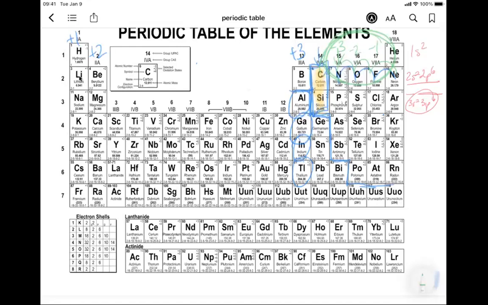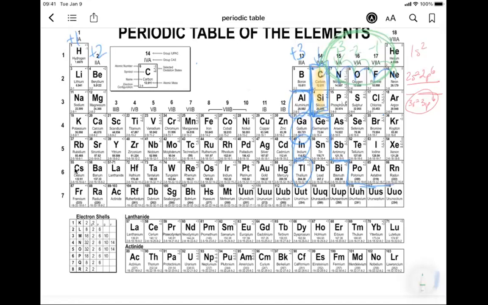So lithium, the electron it wants to get rid of is 2s1, sodium 3s1, potassium 4s1. So what does that mean as we go from 2 to 3 to 4 to 5 to 6 to 7? It's one of the original points that I brought up way back at the beginning of chapter 4, which is the higher the principal energy level, the further away from the nucleus that orbital is.